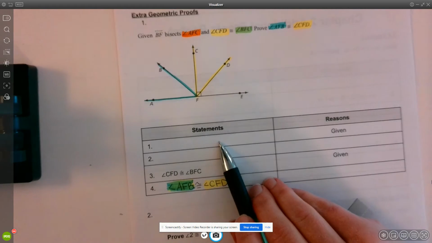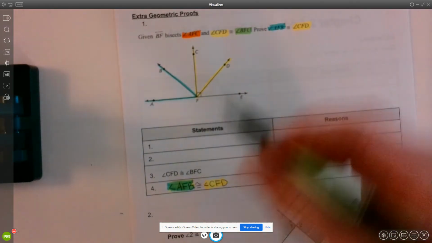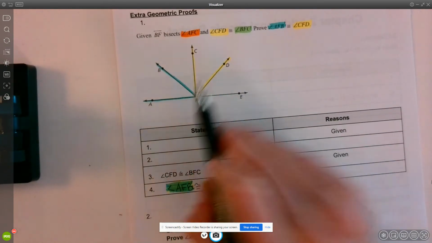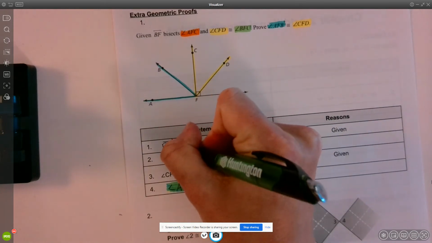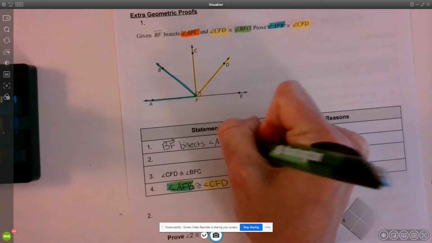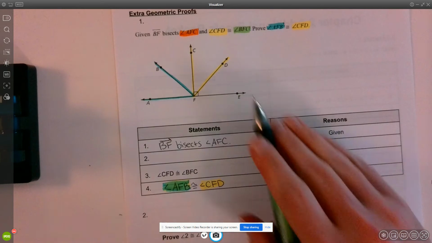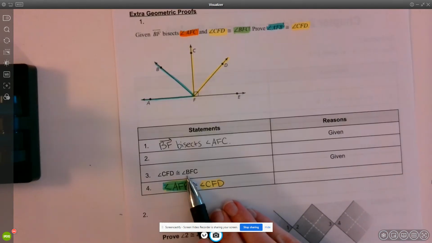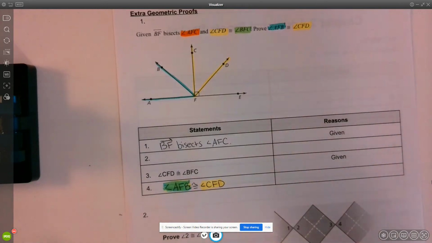They tell us that ray BF bisects angle AFC. Here's angle AFC. So I'm going to put that as my first statement, and I just rewrite it. That was given to me. Notice I also have in my proof the other given statement: angle CFD is congruent to angle BFC.